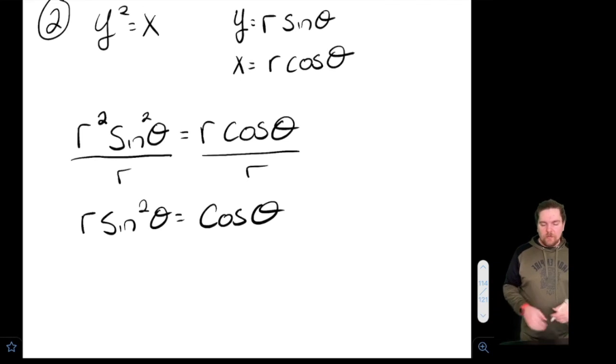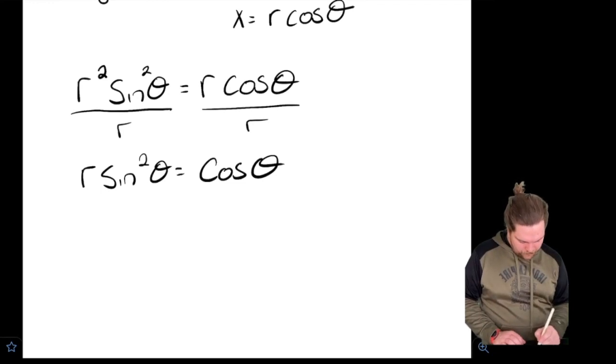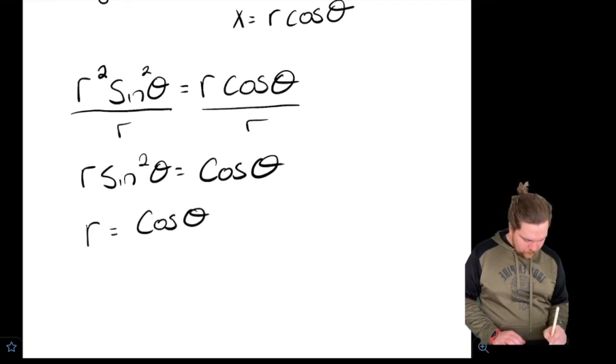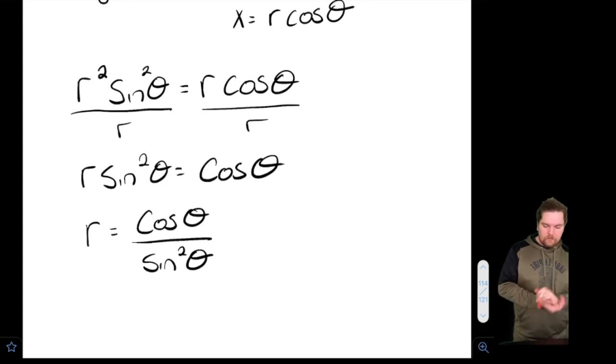Again, probably a few more ways that we can go about manipulating something like this. Let's divide both sides by sine squared. Right. So, kind of another fun thing to think about here.